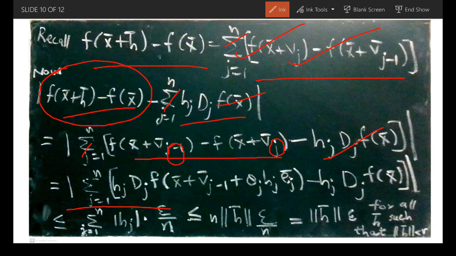Using the mean value theorem, we got a θ_j for this expression. So substitute with that. So here I have sigma j = 1 to n h_j d_j f at x + v_{j-1} + θ_j h_j e_j minus this expression as it is, h_j d_j f at x.